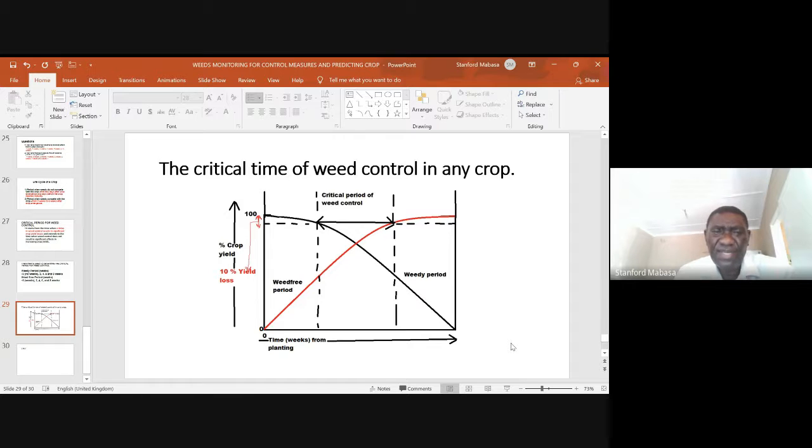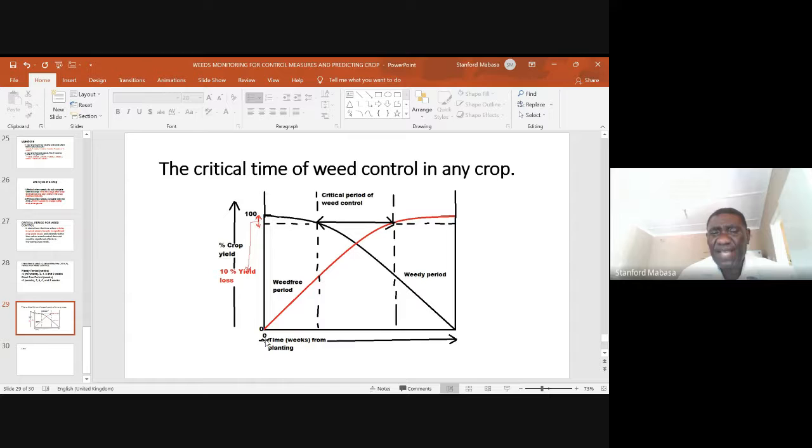Now, let us look at treatments when we are delaying weeding. This is represented by this black curve. As we increase the delay period from 0, 2, 4, 6, 8, and so on, at first the yield is stable, then it starts decreasing.